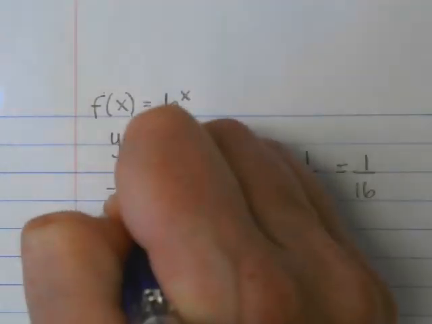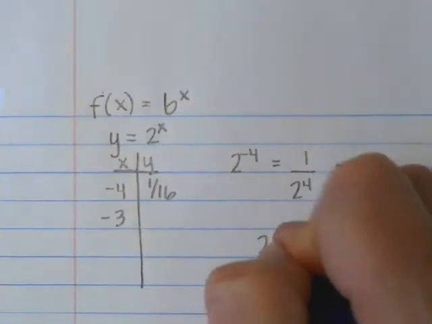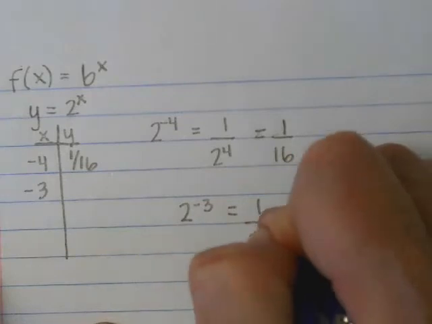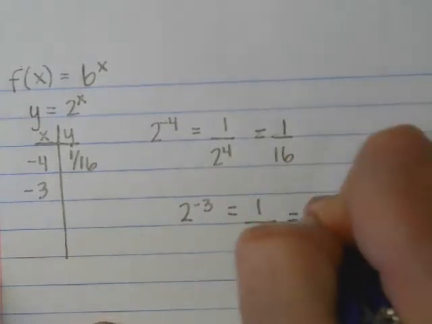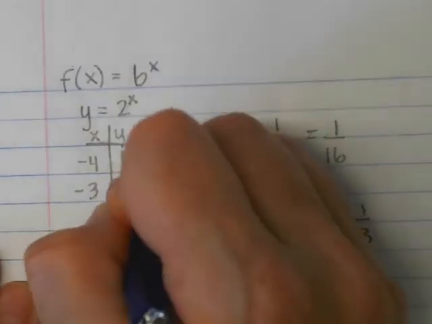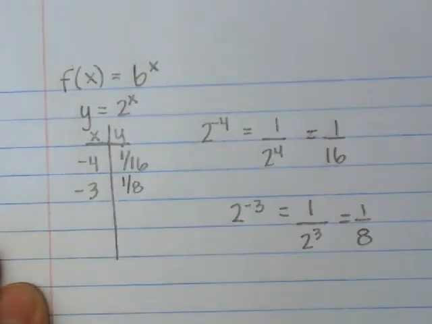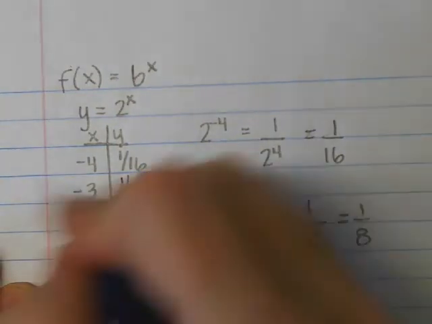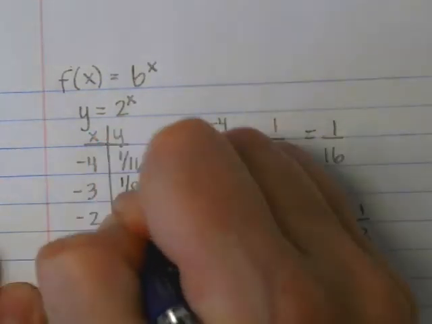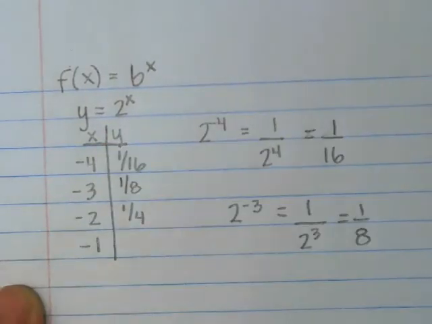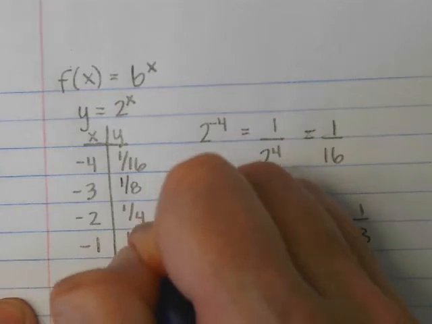If I had -3, well, 2 to the -3 is 1 over 2 cubed, which is 1/8. So 2 to the -2 would be 1 over 2 squared, or 1/4. 2 to the -1 is 1 over 2.